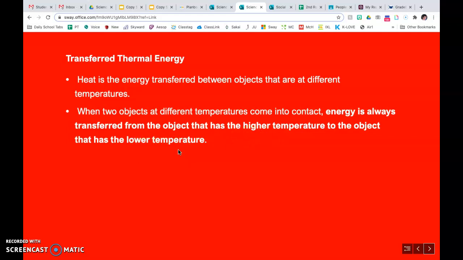So it always goes from hot to cold. If you've listened to that song, which I encourage you to do because it will get stuck in your head and you will know this, temperature changes occur because energy is transferred from an object that has a higher temperature to one that has a lower temperature.